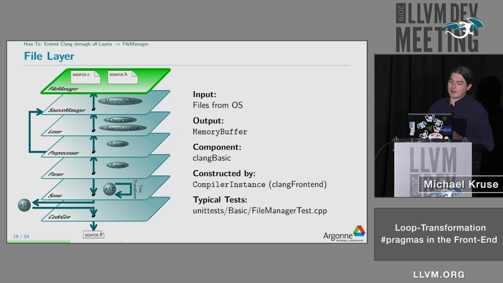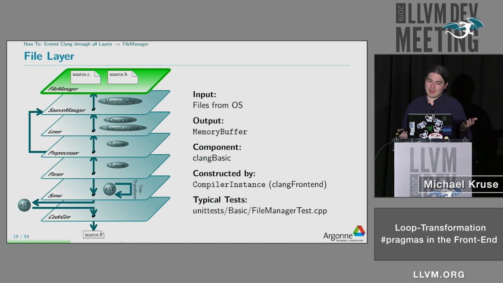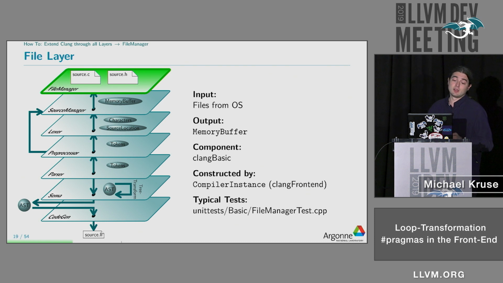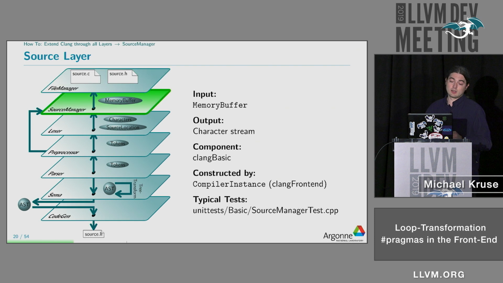First, the file manager, probably not that difficult to understand, is tested by a typical unit test, GTest, in that file there. We have the source manager, also tested by a unit test, also a component in the Clang Basic library.